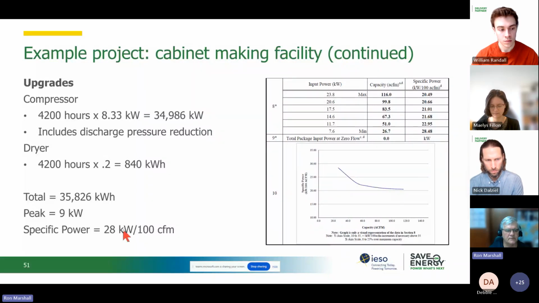It's not that great when you compare with large compressors, right? Large compressors might be operating down under 20, but the smaller compressors are not as efficient, though it is quite a significant change to the previous specific power, right?